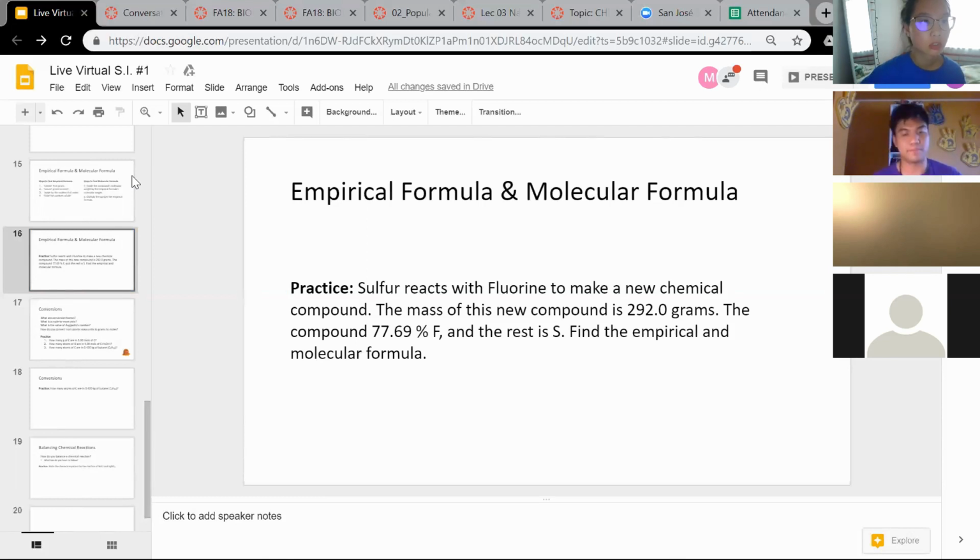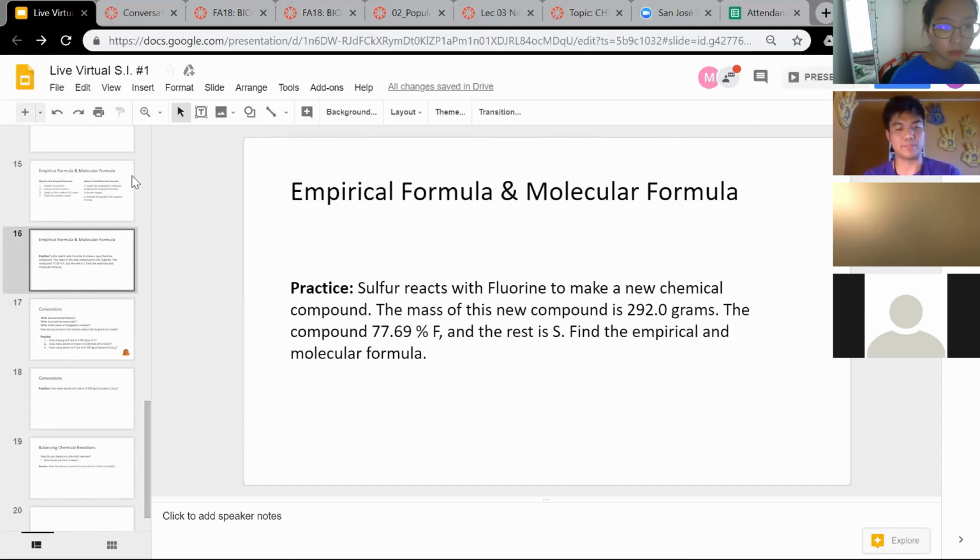So let's type it up. The range for when you have to round empirical or molecular formulas to whole numbers should be around 0.85 to maybe 1.1, or about 1.2.